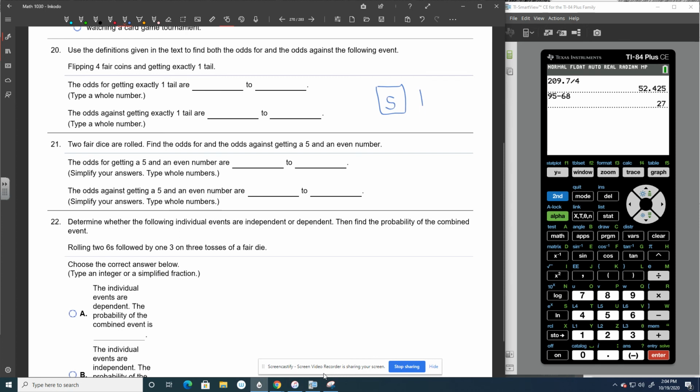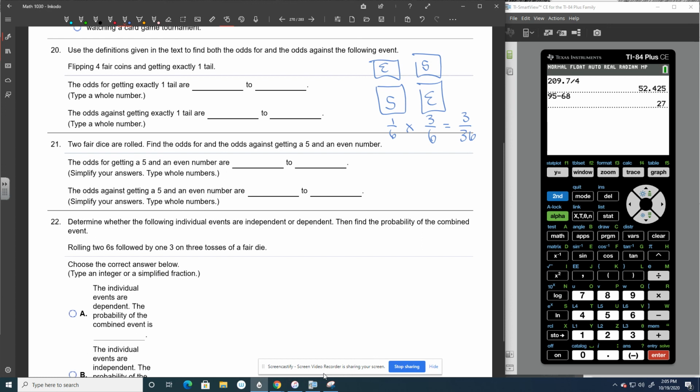You want one to be a 5. You want the other one to be an even. So my chances of rolling a 5 are 1 out of 6. And my chances of rolling an even are 3 out of 6. So the chances of getting both of those is 3 out of 36 chances. That's the probability of getting both. But you could also have this one be an even and this one be the 5.